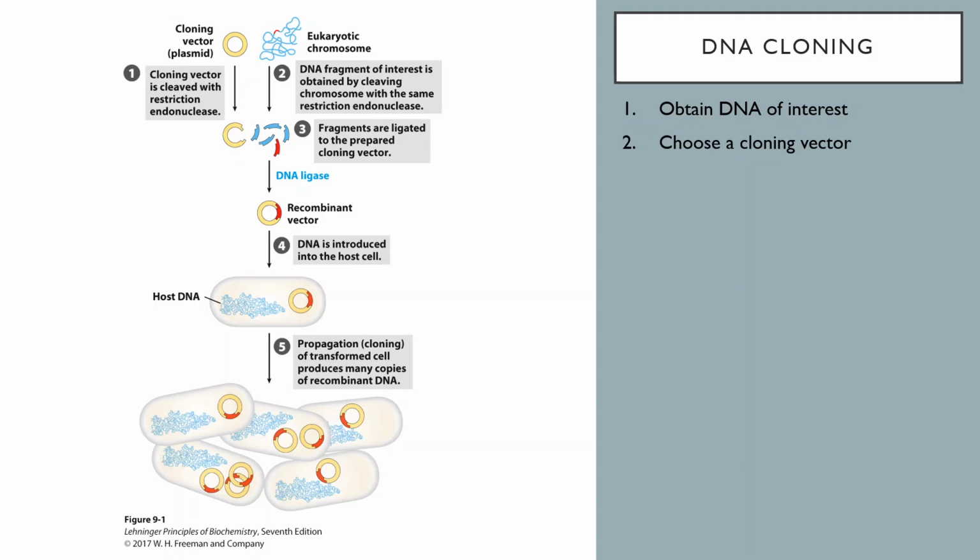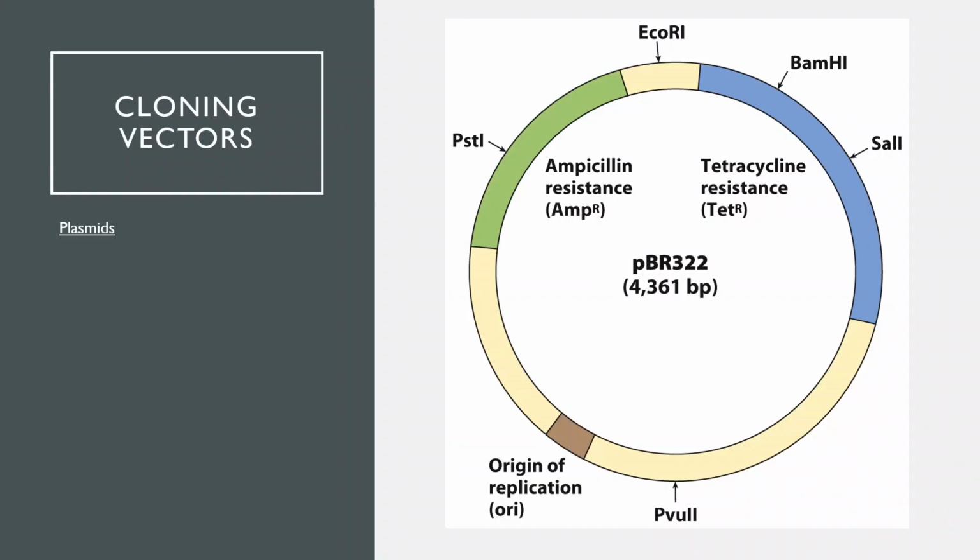There are a lot of different types of vectors. The most commonly used type of vector is a DNA sequence called a plasmid. A plasmid is a small circular DNA molecule that occurs naturally in bacteria.